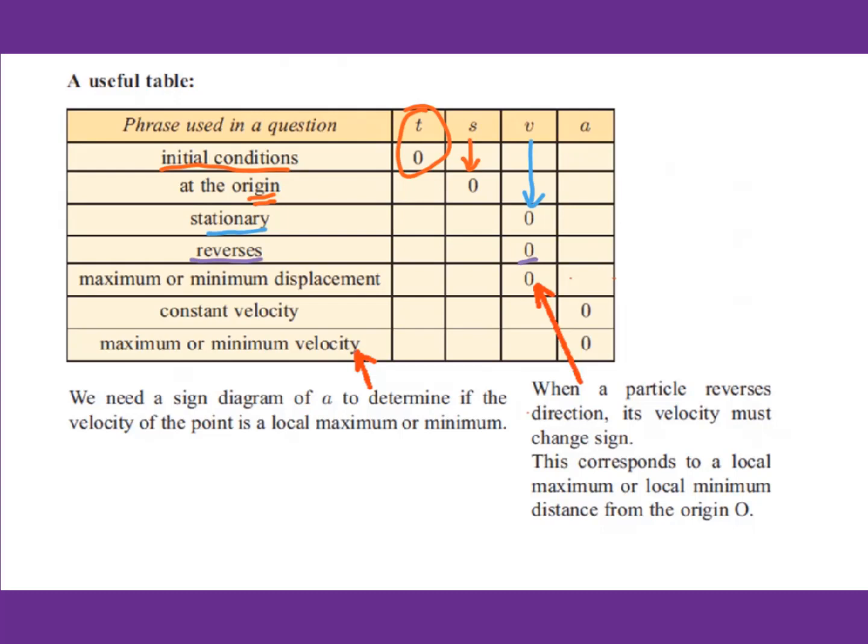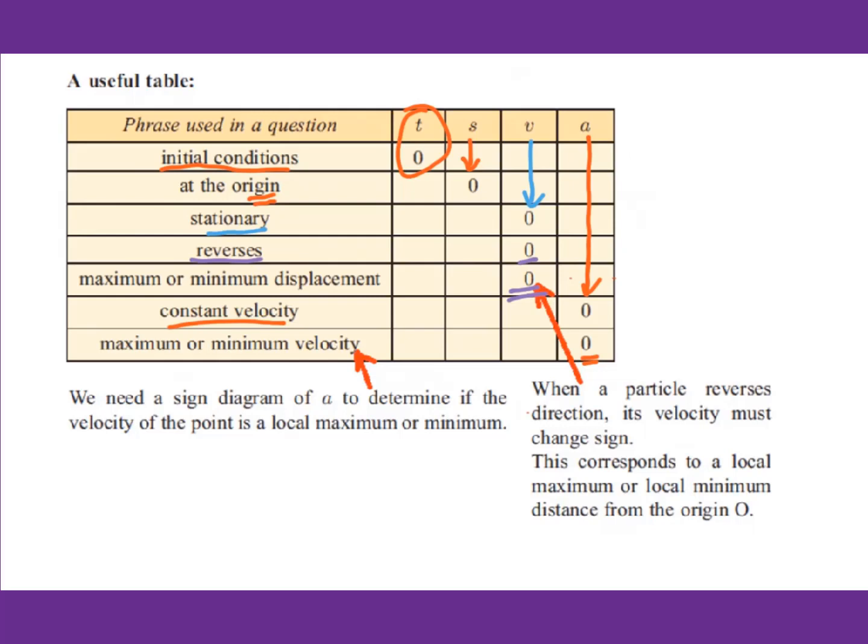Maximum and minimum of displacement still means the velocity equals 0. Constant velocity means the acceleration equals 0. Maximum or minimum velocity means the acceleration equals 0.